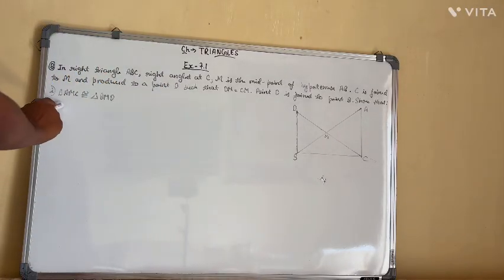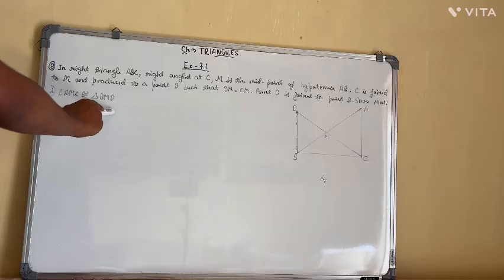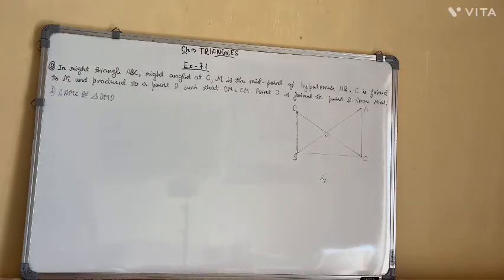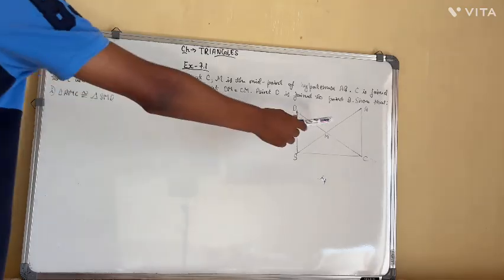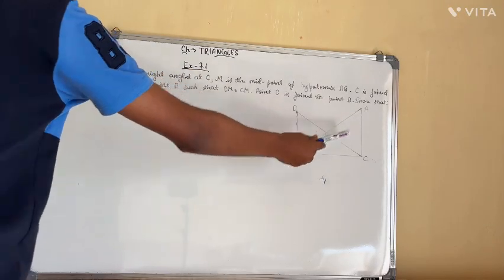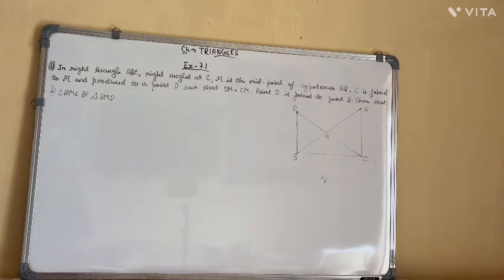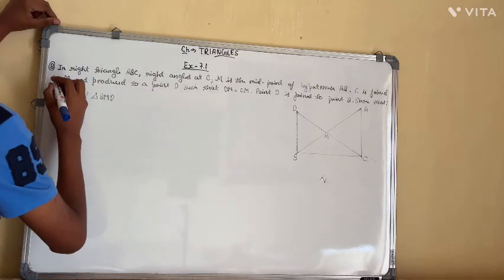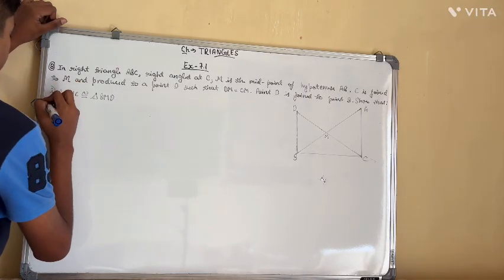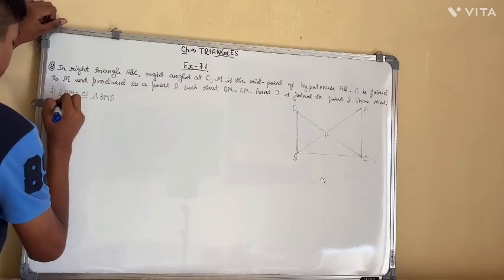First part is saying triangle AMC is congruent to triangle BMD. Okay, so how we can prove this? So I am going to solve this. You can write in your notebook. Okay, so firstly, solution.